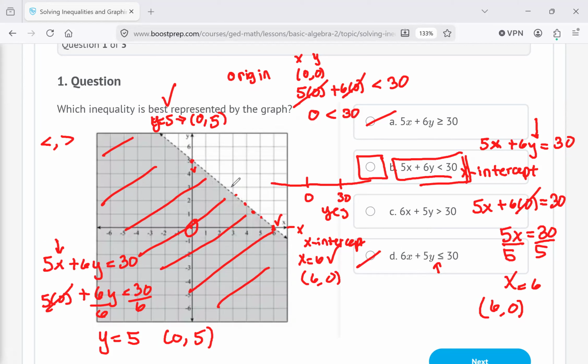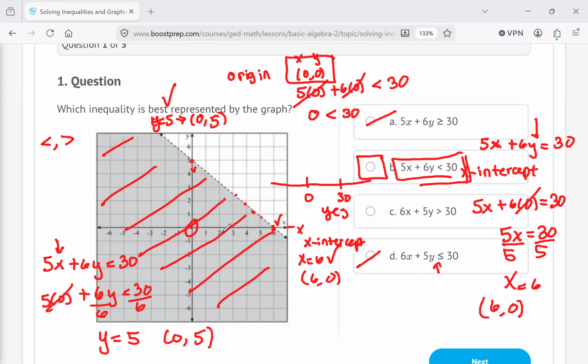Then you have to make sure you have the correct shading. Do not always assume that the less than symbol means you're going to shade on the left side. What you do is pick a point that the line does not go through. I prefer the origin because it's easy, (0, 0). And as you can see, the line doesn't go through the origin.